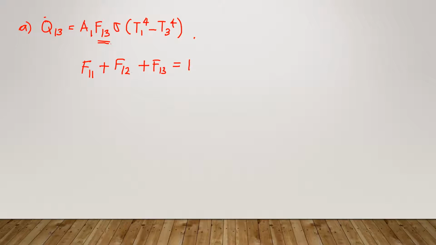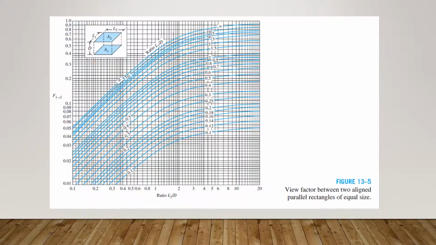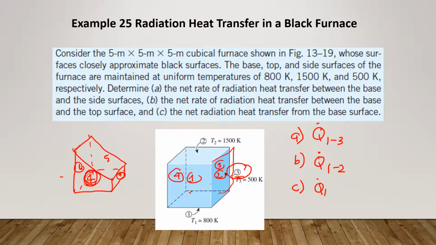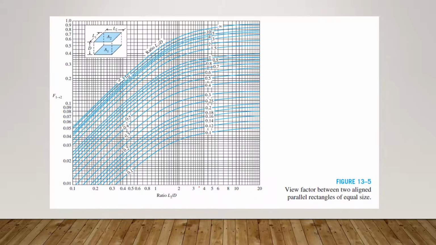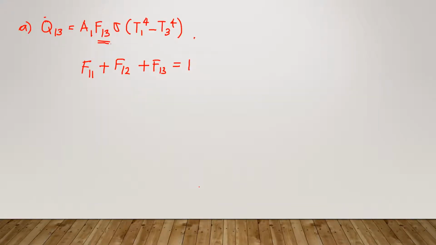This is the summation rule. Since the base of this furnace is flat, therefore F11 equals 0. So we have only F12 plus F13 equal to 1.